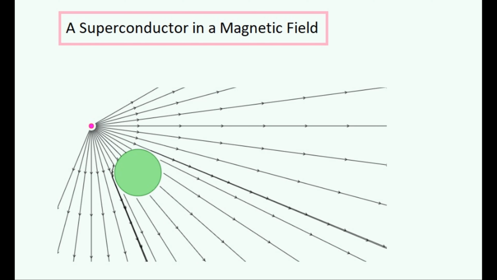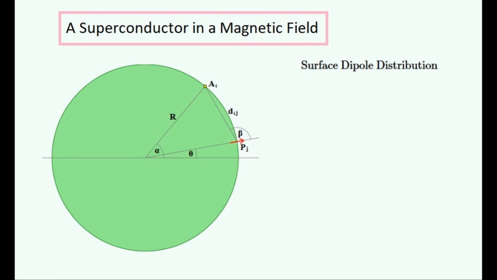The lines of magnetic field aren't beautiful like they are for the conductor in an electric field. We'll use a matrix to find the dipole distribution in this superconductor, and then use them to calculate the corresponding magnetic field. So now to use some geometry to make some derivations.